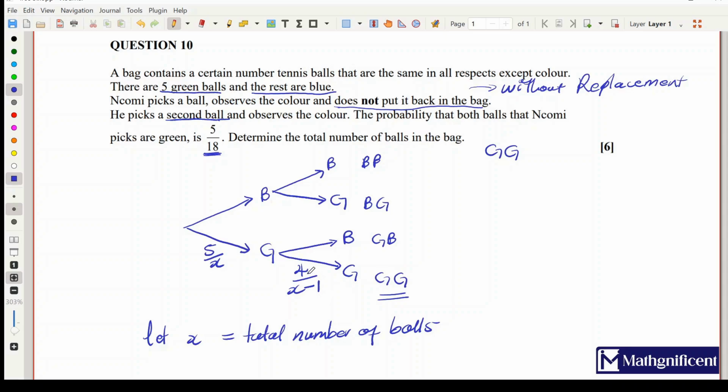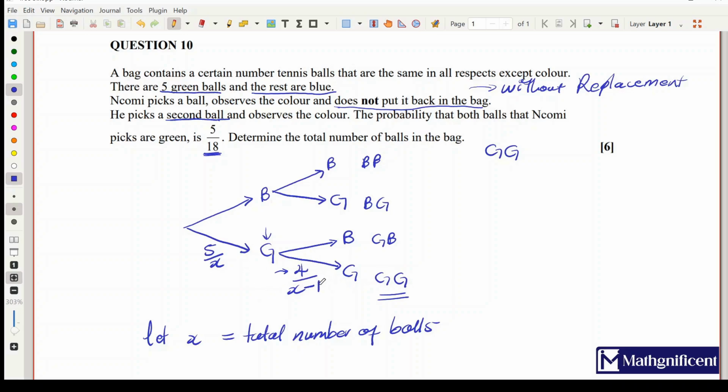Why 4 over x minus 1? Because remember, we have one less ball in total. We had 5 green balls, we observed that the first ball was green, and we never replaced that ball inside the bag, so we are now left with 4 green balls inside the bag.